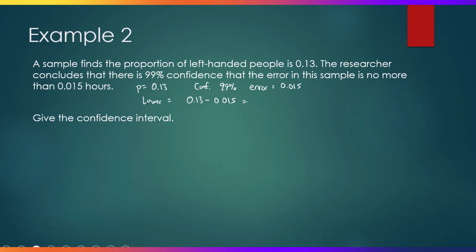Anyway, when I subtract the error from the proportion here, I get 0.115 for the lower, and then for the upper, I have 0.13 plus now the error, 0.015, and that gives me an upper value at 0.145.